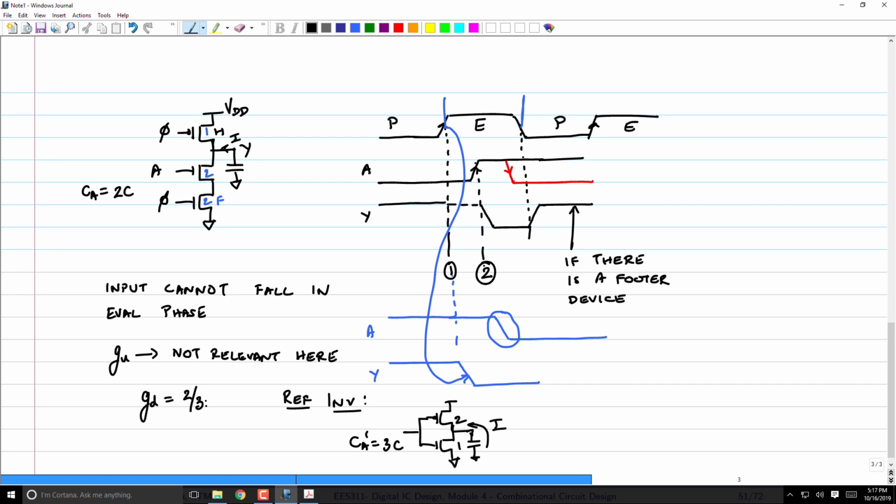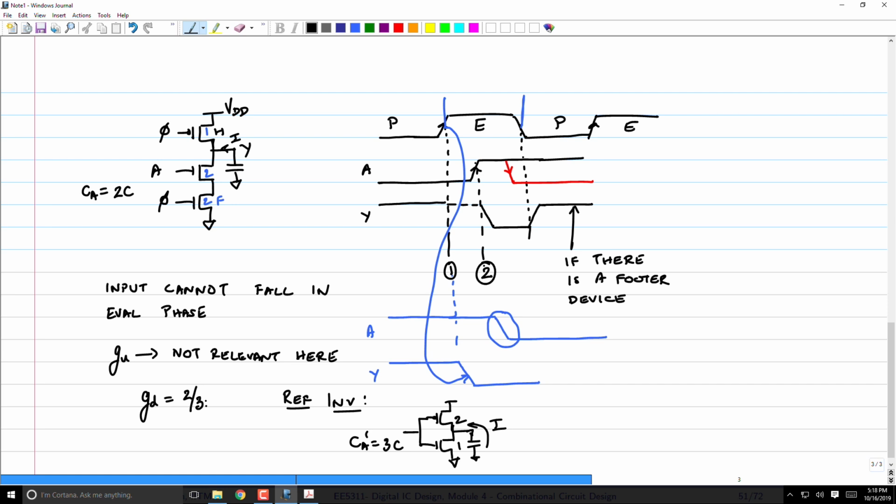Now, if I did not have the footer device, what would be my logical effort? Let's say I could impose an additional constraint apart from the fact that the input cannot fall, right? I also impose a constraint that in the pre-charge phase, I will ensure that the input is not high, let's say.